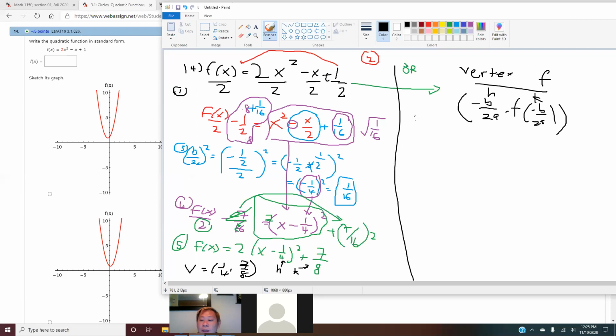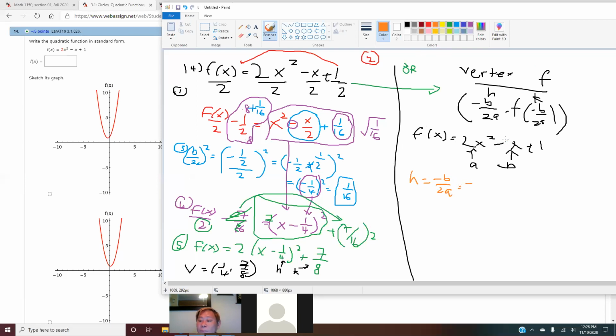So this is the function that we have. f of x equals 2x squared minus x plus 1. Again, this is your a and this is your b. So in order for us to find h in this case, it is negative b over 2a.